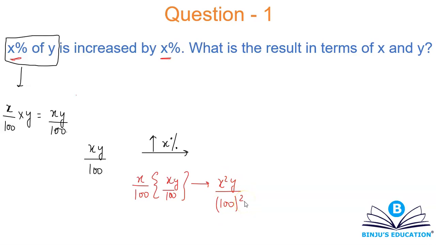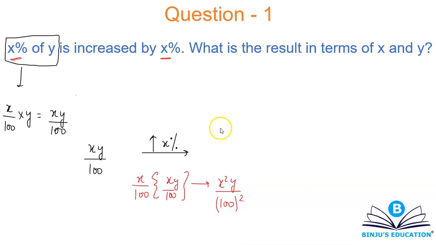It will be x square y by 100 square. So whether you say xy by 100 is increased by x percent, or whether you say xy by 100 is increased by x square y by 100 square, it's one and the same thing. There is no difference.